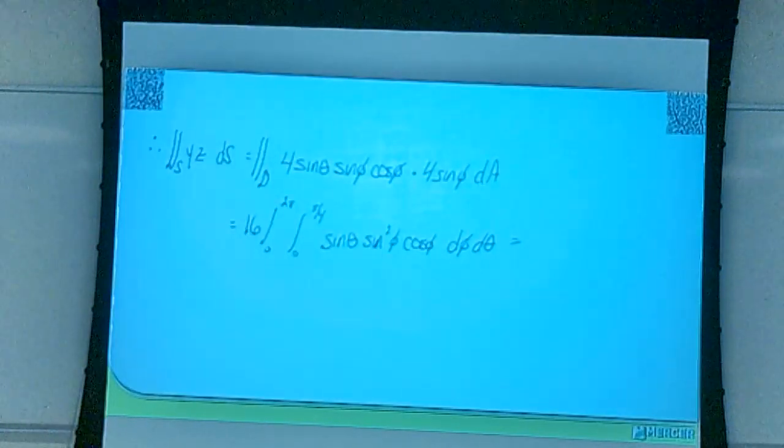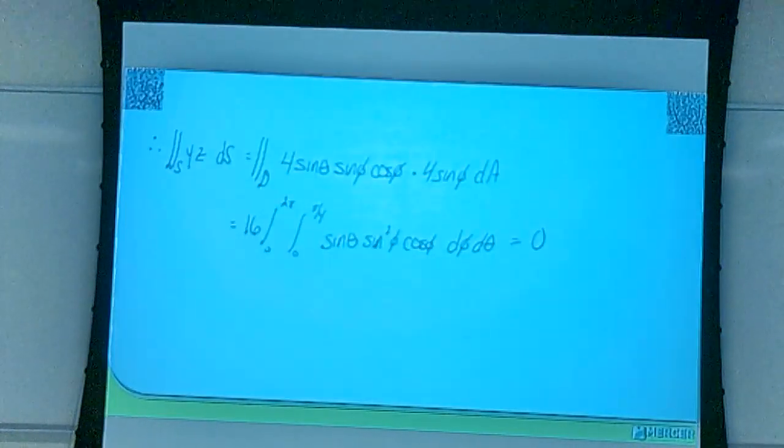In 5 seconds, tell me what that integral equals. 16. No, it's 0. Why? Because of the bounds.